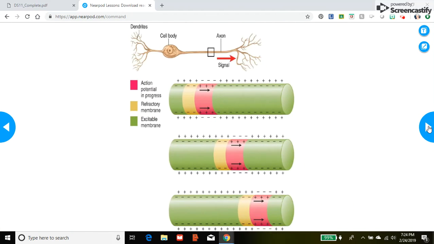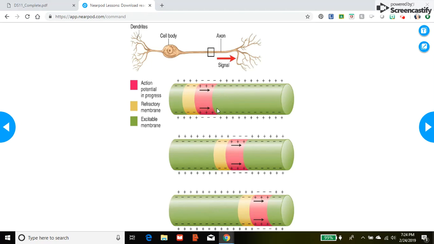Okay, this image is basically what that video is just showing you. So we have our membrane that's ready to be excited. Okay, so this would be at rest in the green. And so we have that action potential in progress, right? So that signal is being sent from dendrites down to the axon. And you can see this is a step-by-step progression of that happening.